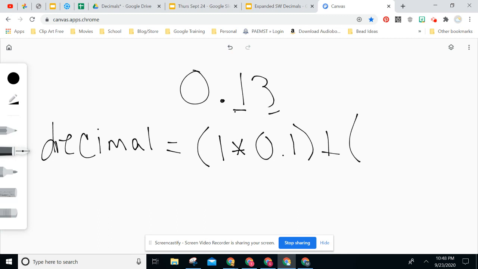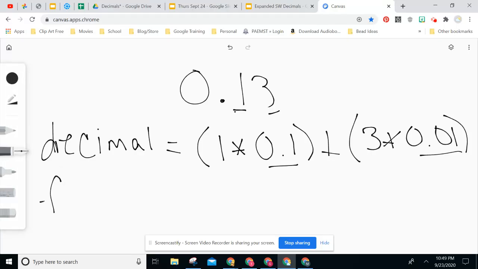So we would write 3 times 1/100th because that is in the hundredths place. And that's it. That's how you would do it as a decimal. So you're just taking the digit and multiplying it by whatever place that you have it in, for example, the tenths or the hundredths place.